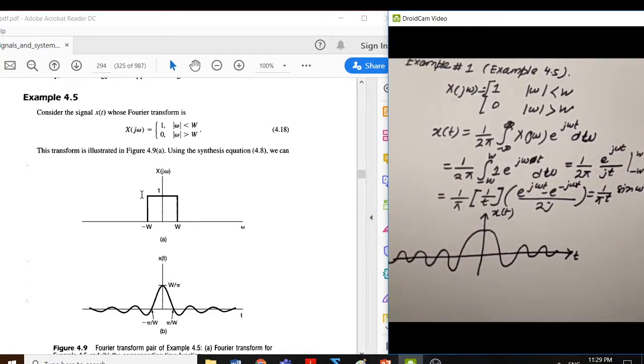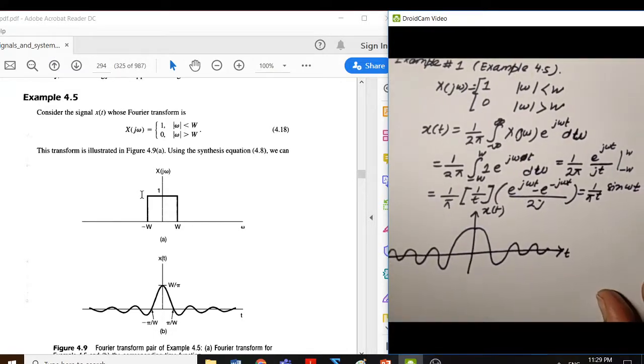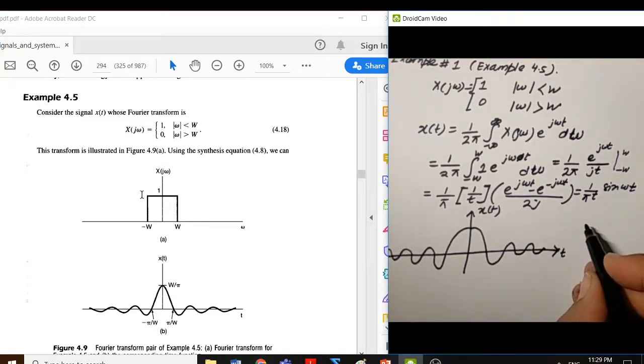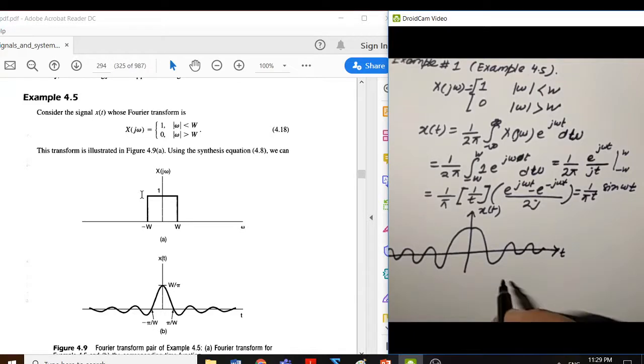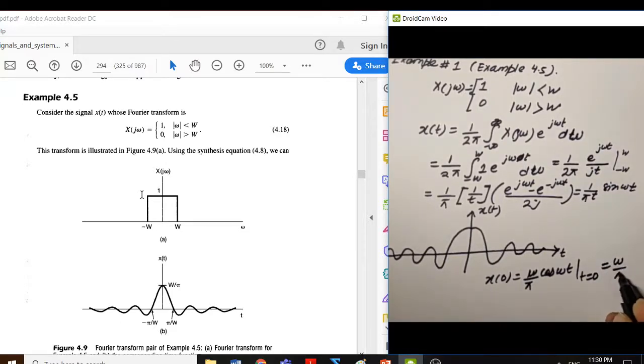So what is the value at t is equal to 0? We differentiate both numerator and denominator and substitute t is equal to 0. So x of 0 is 1 by pi times W cos of W t, and we substitute t is equal to 0. This becomes W by pi.